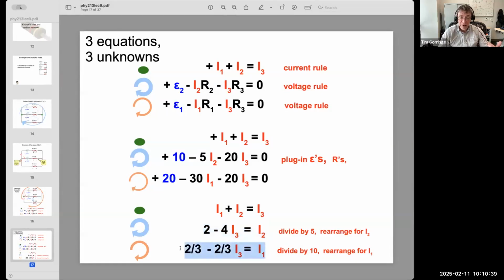And the final equation is again just a rearranging of the loop equation that contained I3 and I1. It says that I1 equals 2/3 minus 2/3 of I3. So those are the three new versions of the equations that I ended up with, starting with the original equations from the current and voltage laws. Hope that's okay.